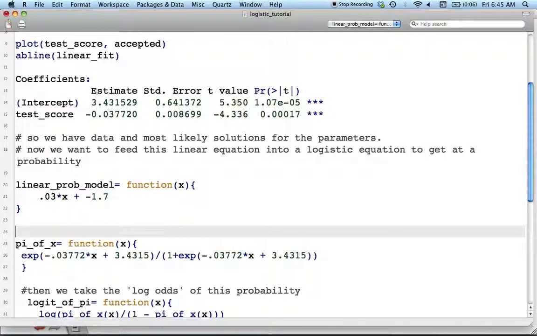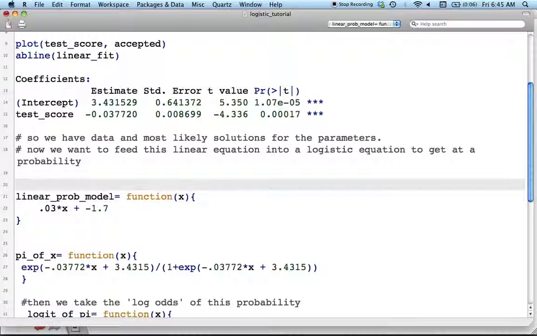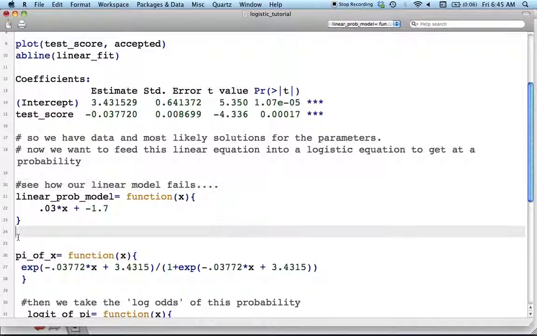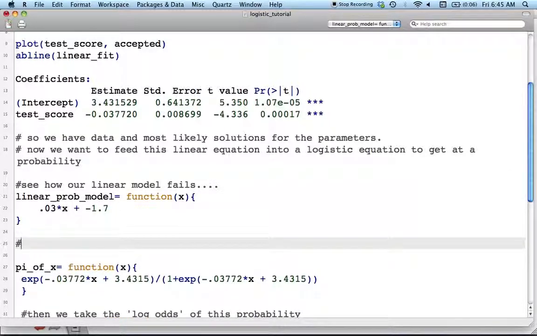Okay, so the comment here is, see how our linear model fails. And this is, see what a logistic function looks like.